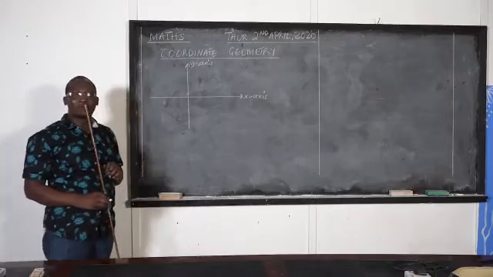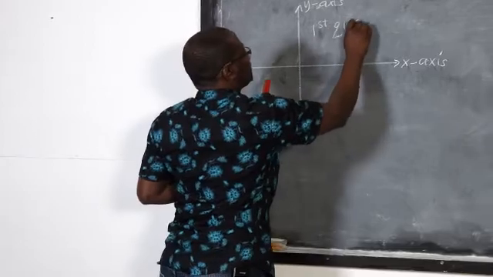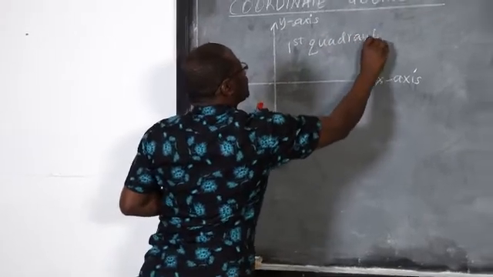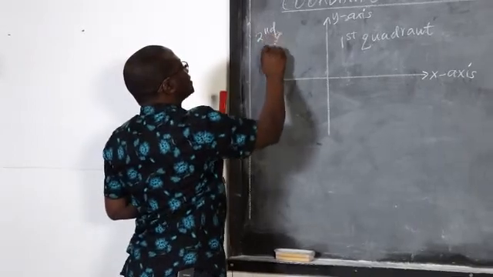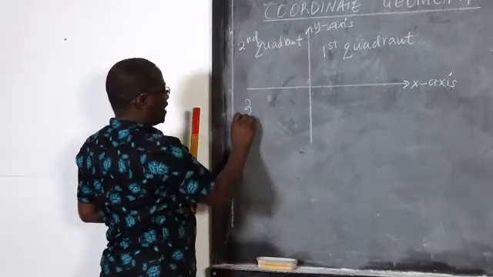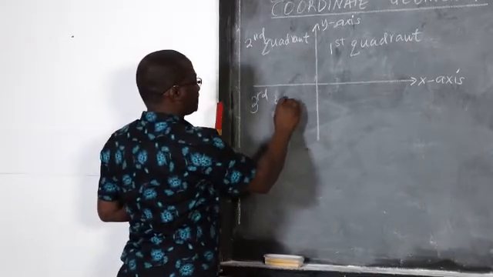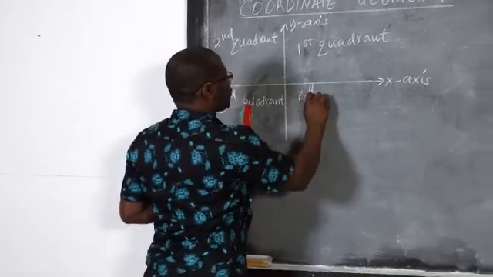We call them quadrants. So this is the first quadrant. Quad means 4. And this is the second quadrant. Then we have the third quadrant and the fourth quadrant.